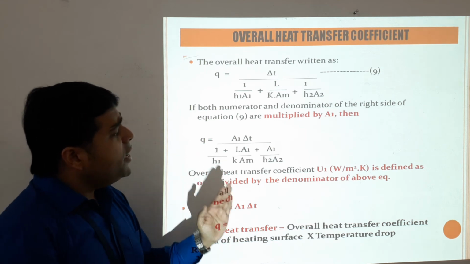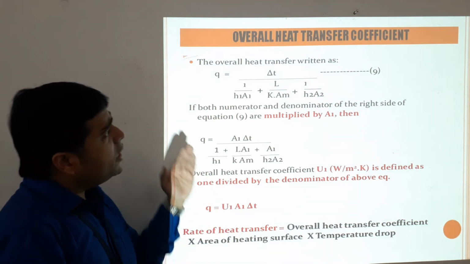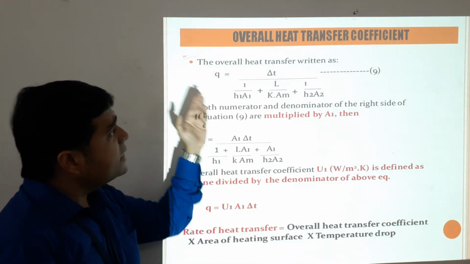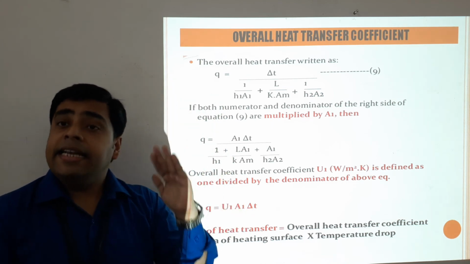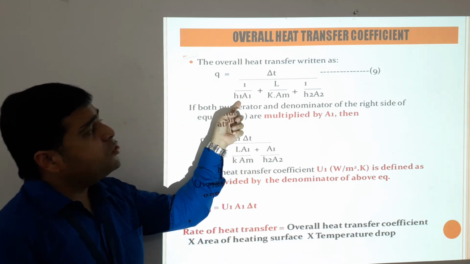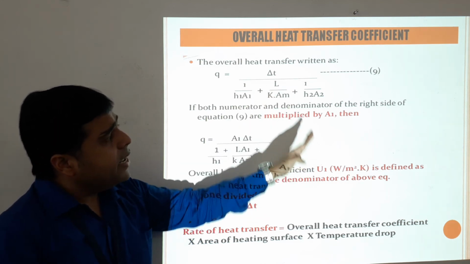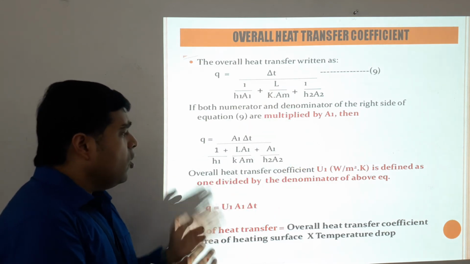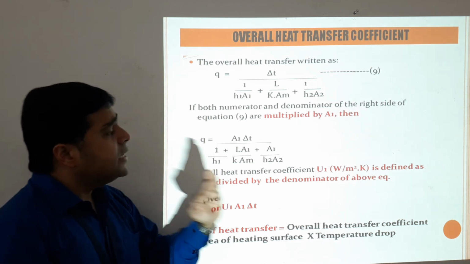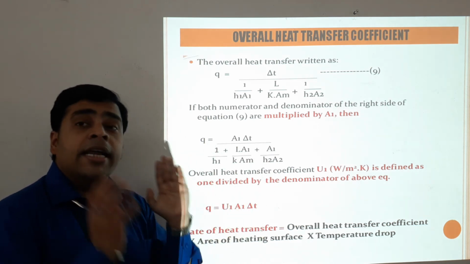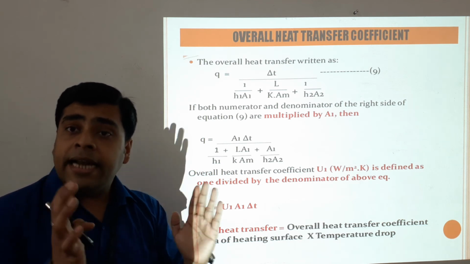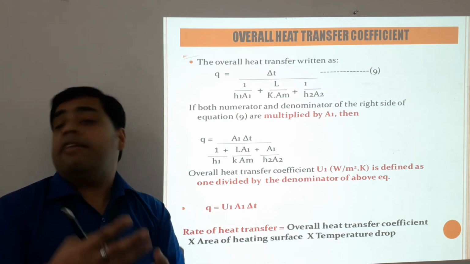So for this overall heat transfer coefficient, we can write Q is equal to delta T divided by 1 by H1A1 plus L by K into AM plus 1 by H2A2. So U1 is defined as 1 divided by the denominator of the above equation.